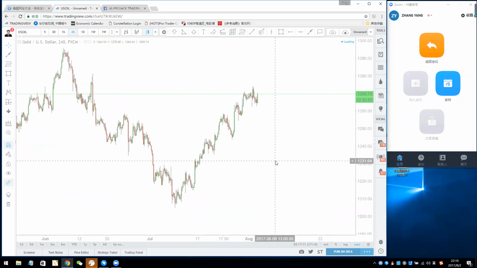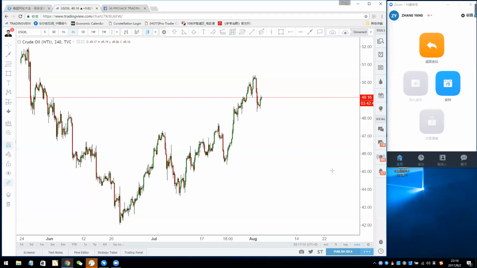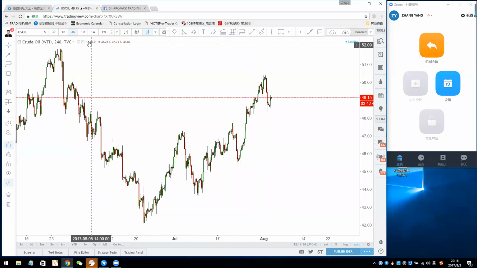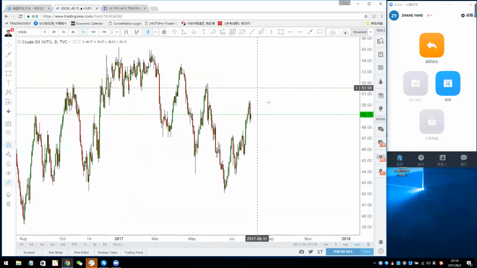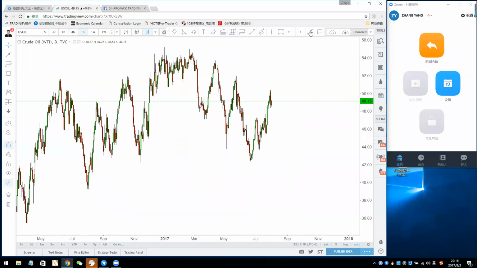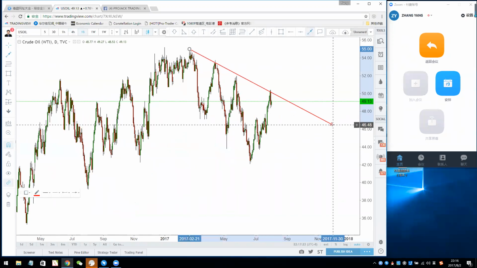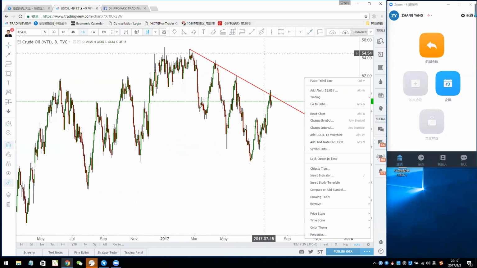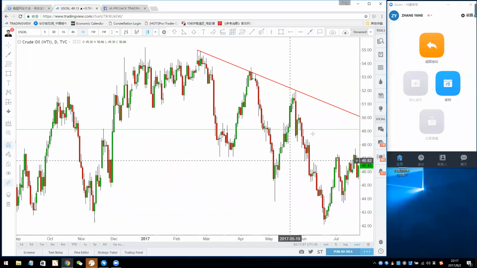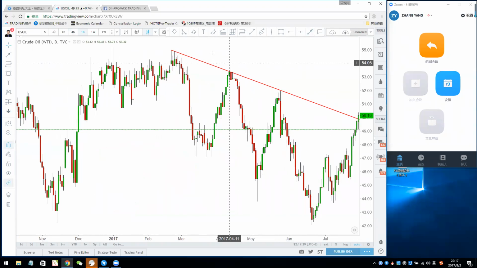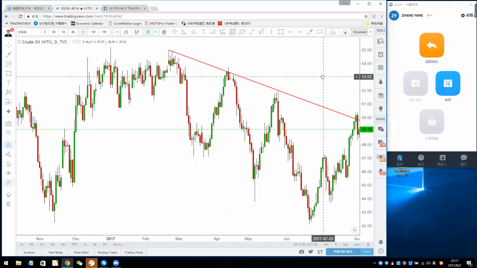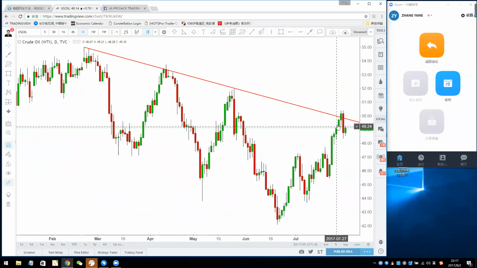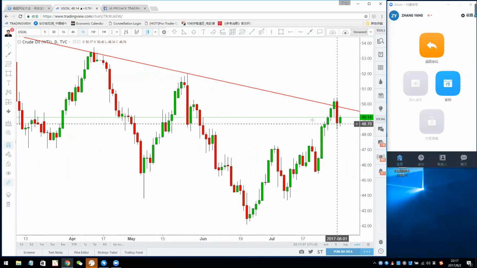Let's talk about the oil. We know that tonight we have an EIA, the oil inventory data. The oil has been quite tricky this week, because first of all it gave a signal that it may break the trend line, and then it just dropped very quickly.